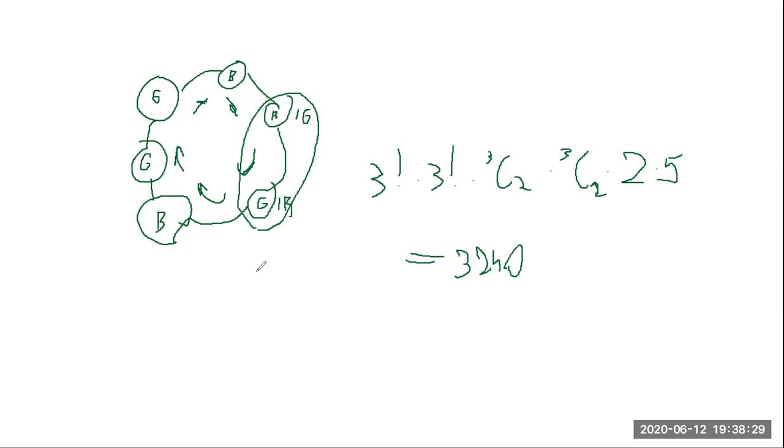I found the answer key and it was 72. Oop, nice. 72. So what they are saying is the number of selections of two ladies to sit together is 3 choose 2.